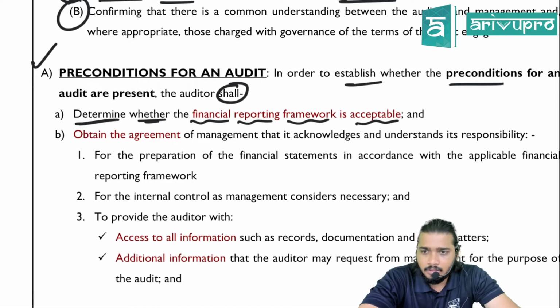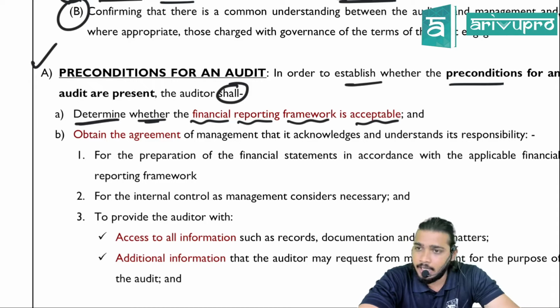In brackets you write what we mean by financial statements. 5 things are there in financial statements. Balance sheet we have, P&L we have, cash flow statement we have, notes to accounts we have, and SOCE we have, that is statement of changes in equity. Now for normal entities, financial reporting means what? Only financial statements. We are not giving anything extra. Correct? These 5 things we are giving.